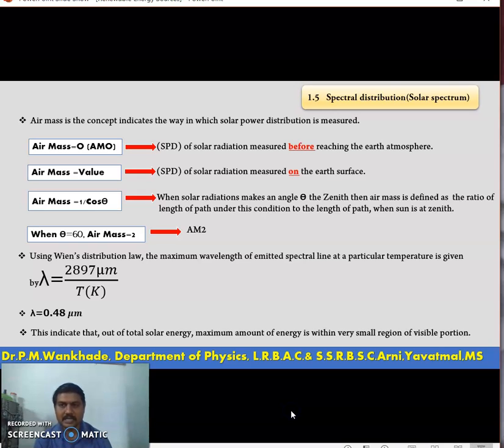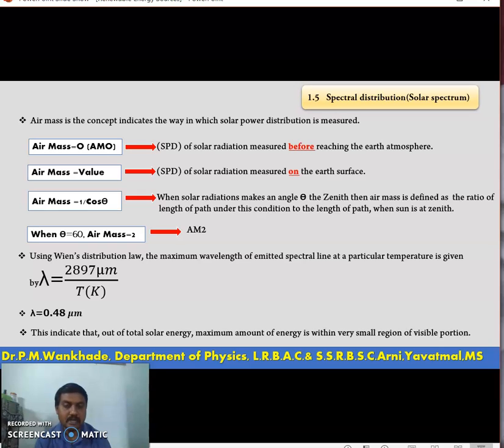So, the concept of air mass indicates the way in which solar power distribution is measured. If the solar power distribution of solar radiation is measured before the Earth's atmosphere, then it is said to be air mass zero distribution.